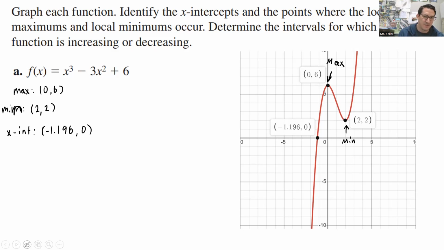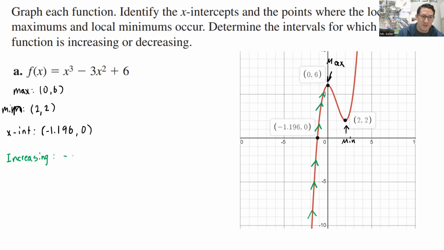All right. Now determine the intervals for which the function is increasing or decreasing. You want to read the graph from left to right when you're determining if it's increasing or decreasing. If you look here, it has a positive slope. It is increasing along this path, where x is less than 0.